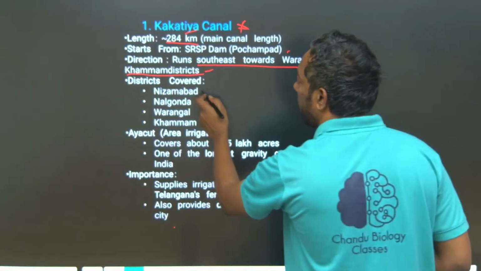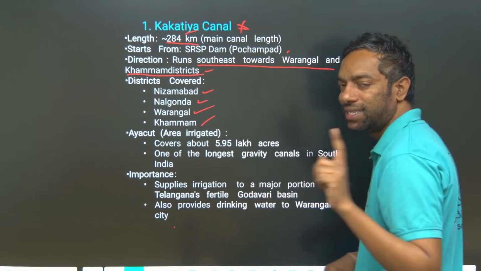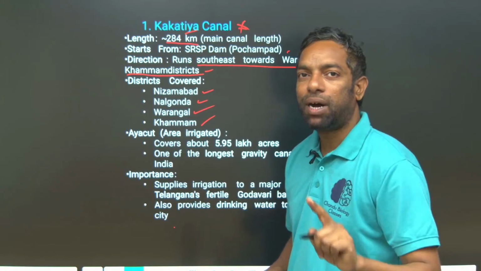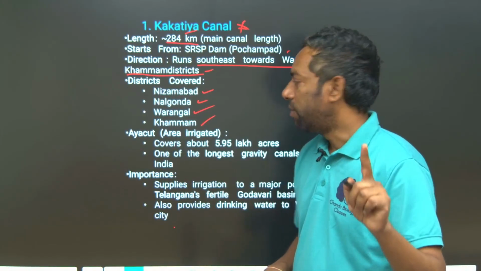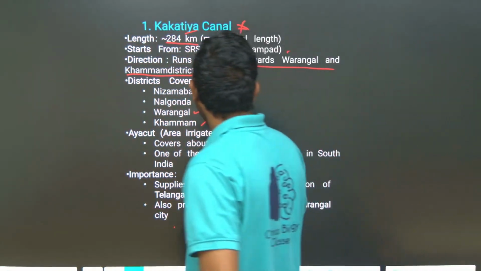Districts covered are Nizamabad, Nalagonda, Warangal and Khammam. This is the most important. Nalagonda is also there, guys.